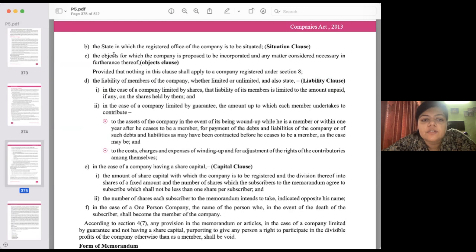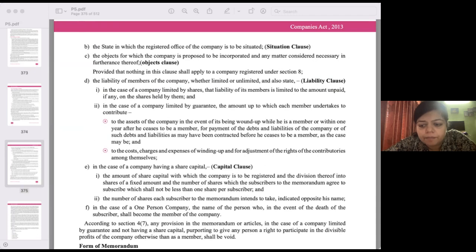The next is the objects clause of that particular company. The objects clause is basically the things that a company can or cannot do.